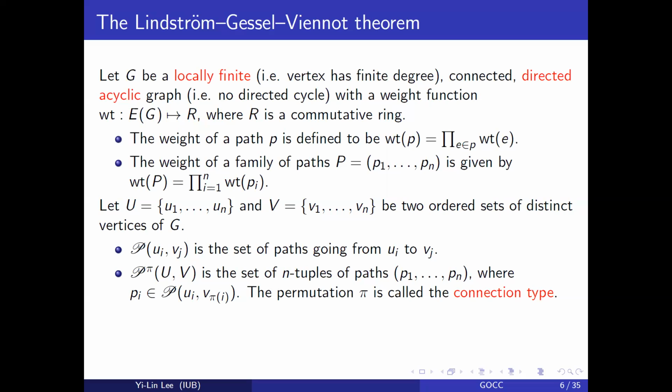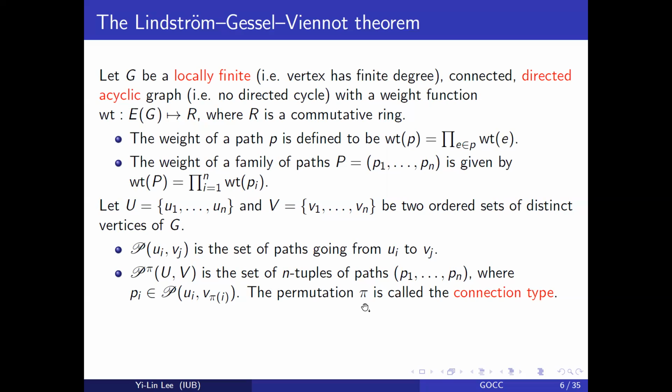This pi is called a connection type. So we say an n-tuple of paths has connection type pi, meaning that the path pi goes from U_i to V_pi(i). For example, if pi is the identity, then the paths connect U1 to V1, U2 to V2, U3 to V3, and so on.